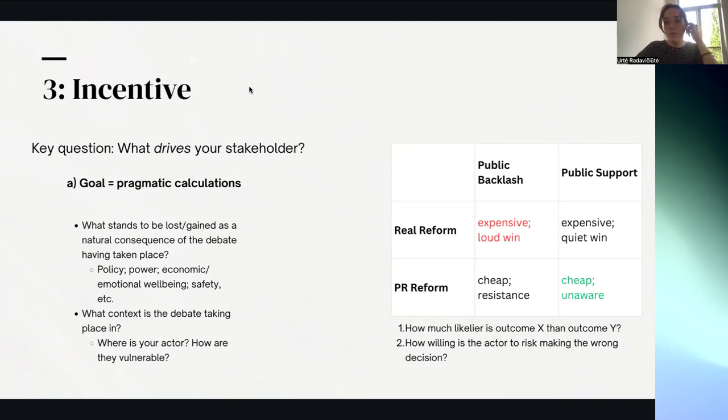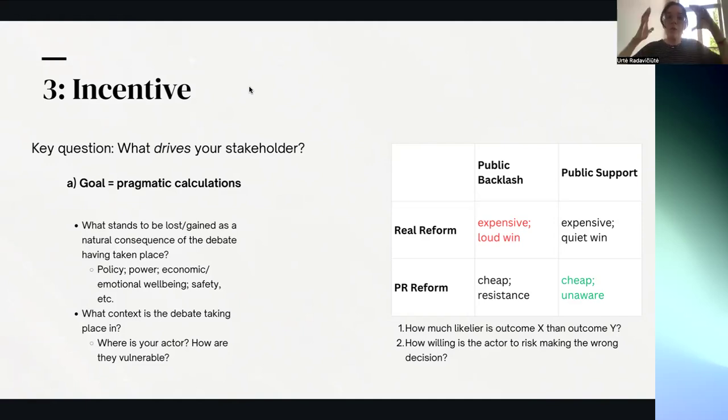Or that you have expensive real reforms that are being implemented and that the public doesn't really react in a way that registers that they're now an active agent capable of guiding the business, but that they just continue supporting or support the business more because they see that it is ethical and that matters to them.